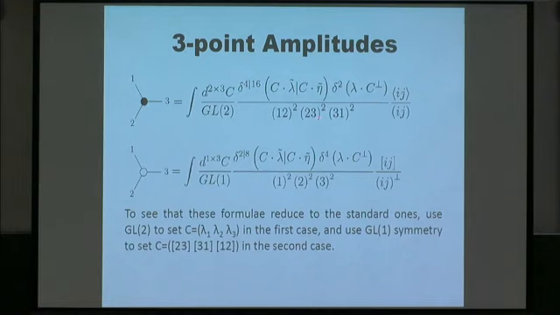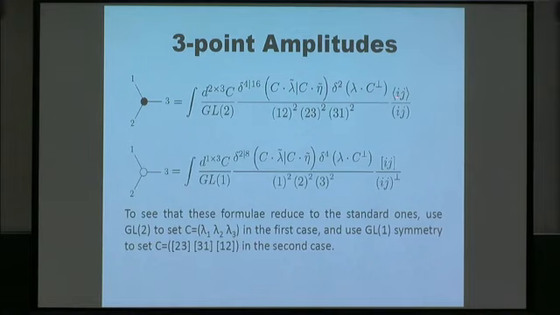Basically, you can obtain these from the n equals 4 super Yang-Mills ones by taking the denominators and squaring them. But what's a little bit novel is the appearance of this explicit inner product, ij. And a non-trivial fact is that this object is permutation invariant. So it doesn't matter which pair of particles I'm talking about.